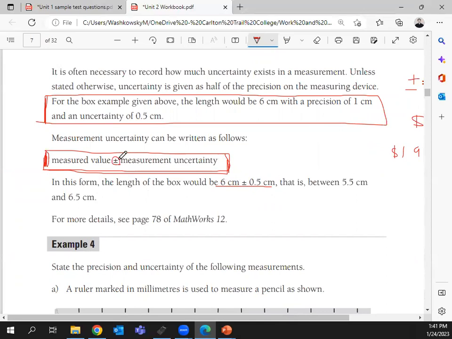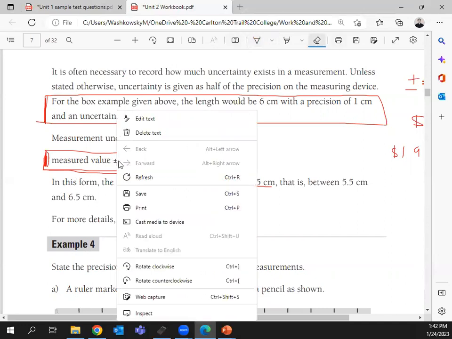So that plus or minus means I'm not sure just how exact my measurement was. The tool I have is not precise enough. People make mistakes when they measure it. So you have that plus or minus there to give yourself a little bit of range. So that's how that plus minus symbol is used whenever you see it.